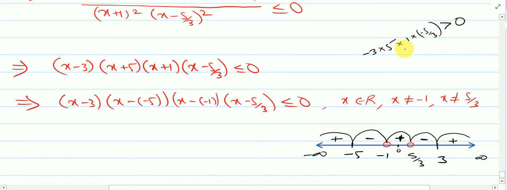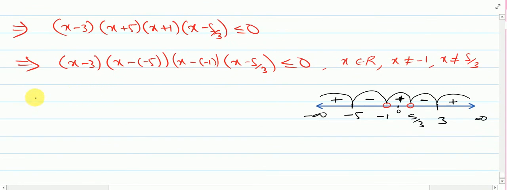So now we can write, therefore, minus 5 less than equal to x less than minus 1. I'm not putting the equal to sign because minus 1 is not included.